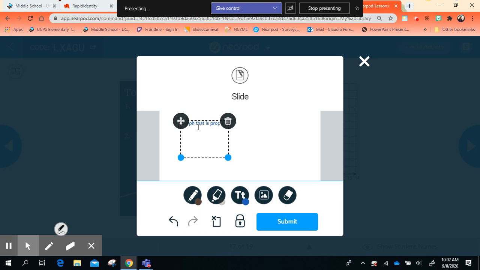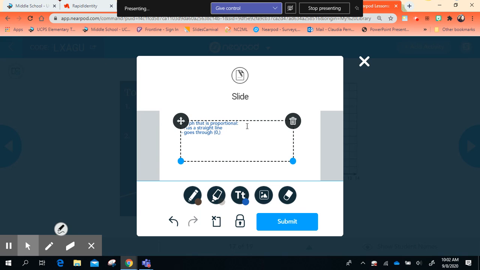A graph that is proportional has a straight line and goes through 0, 0.